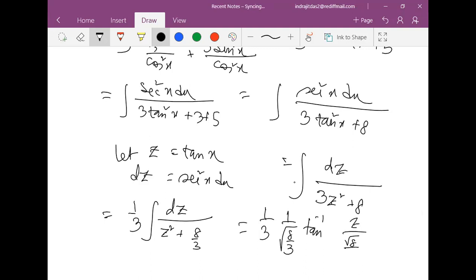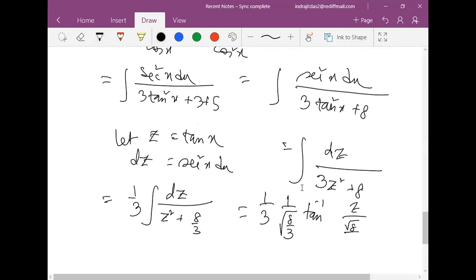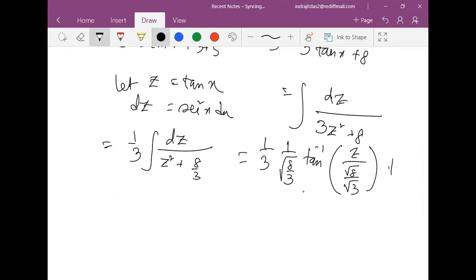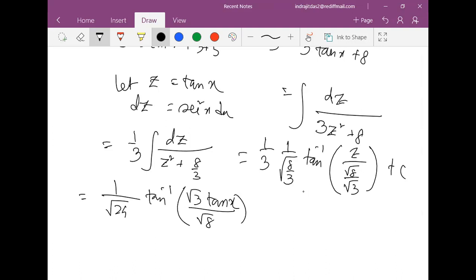Same idea will be followed as we have done in the last problem. And then z is tan x. So obviously you will get 1 by root 24. Why 24? Because 3 is root 3 into root 3, and then root 3 cancels. 1 root 3 with 8 is root 24. Tan inverse root 3 tan x by root 8. Root 8 we can simplify as 2 root 2, it's okay.